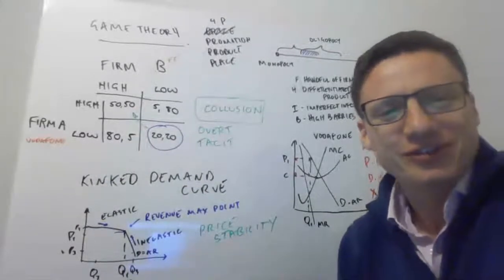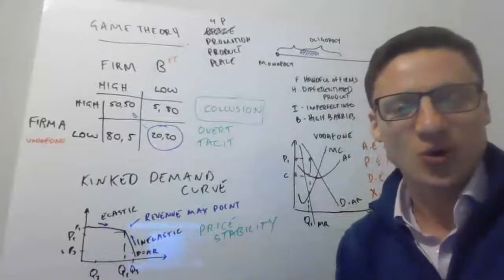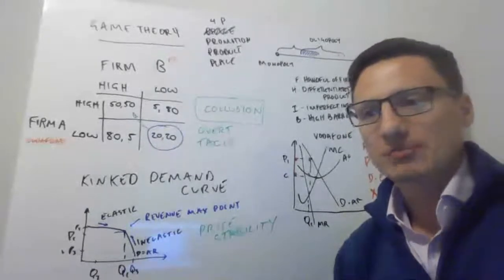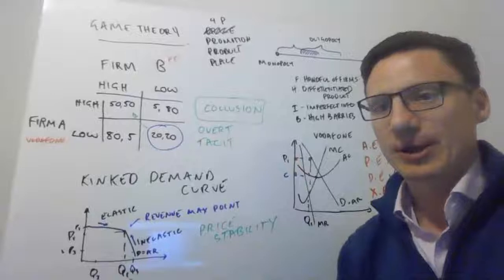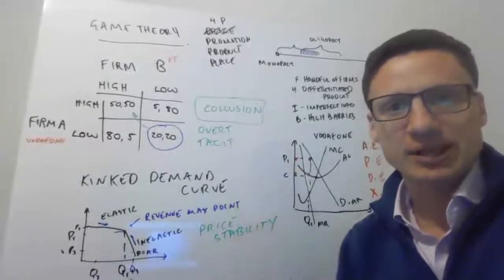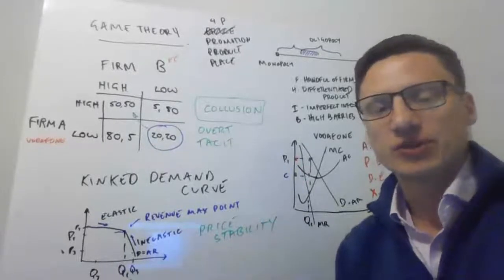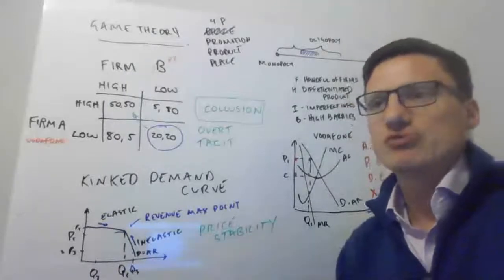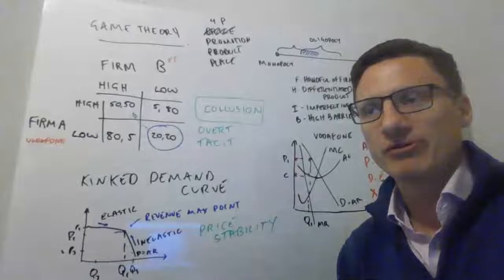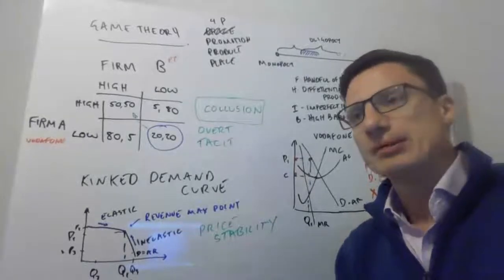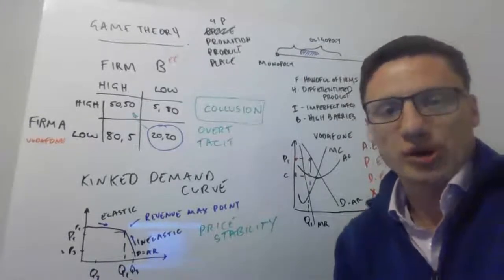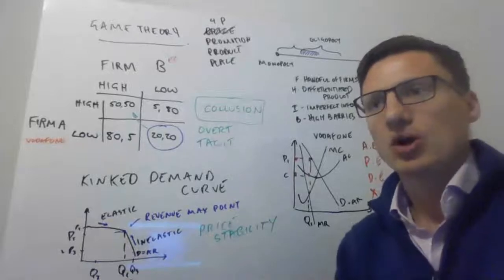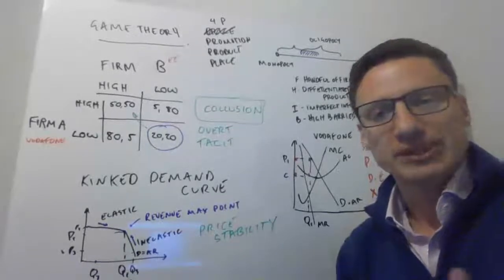Of course, in real life, the theory doesn't always add up. And sometimes price wars do happen with oligopolies. And if you look in the spec, particularly the Edexcel spec, they give you some examples of why that might happen. Predatory pricing, I want to get rid of an incumbent firm from my market. Limit pricing, I want to stop a new entrant from entering the market, or it might be some different business strategy.